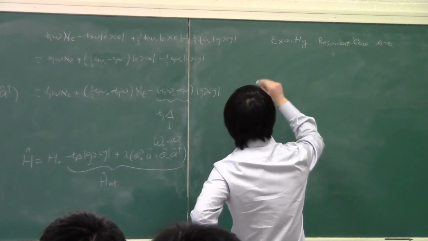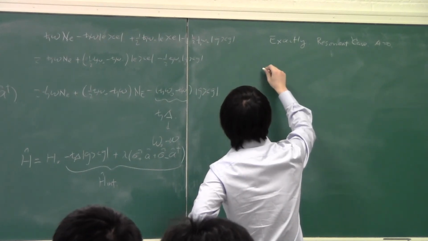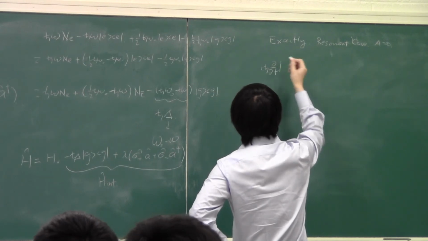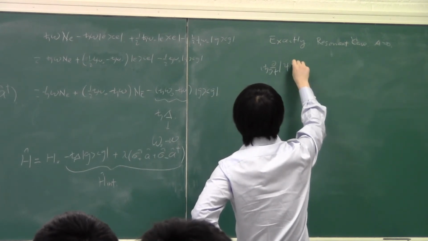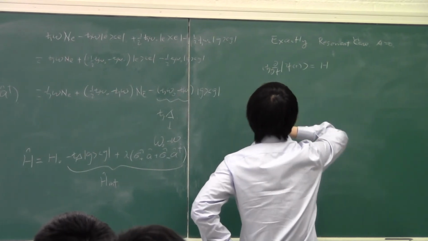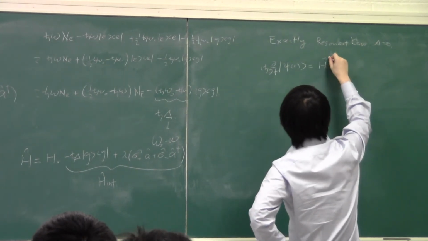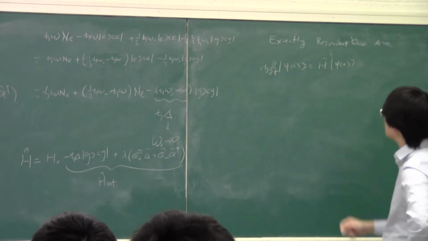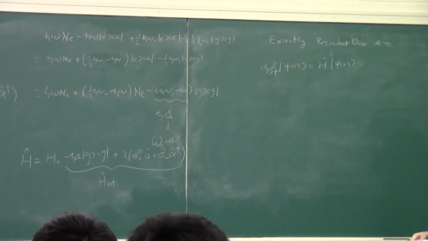So in the Schrodinger picture, we have a Schrodinger equation with some state that's a function of time equal to the Hamiltonian acting on that state. So the Hamiltonian generates the time evolution for the state.